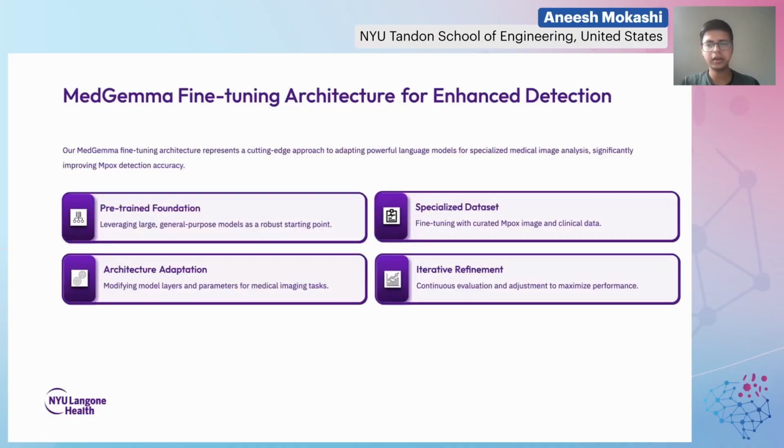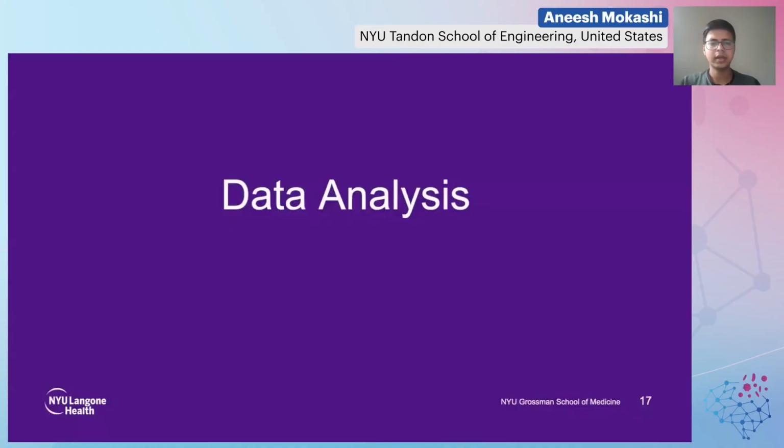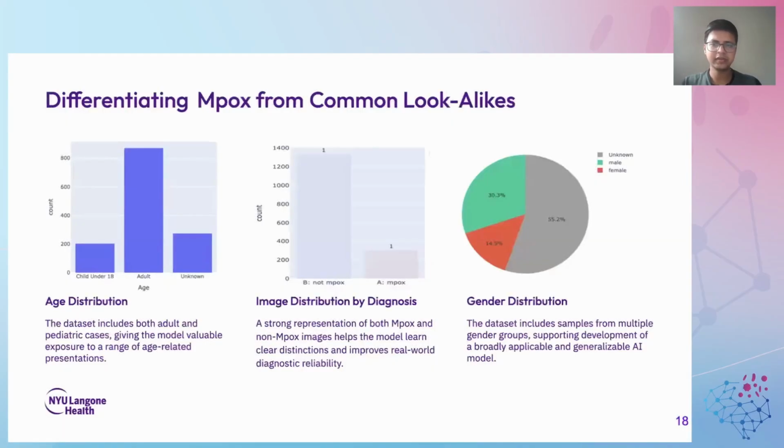And finally, iterative refinement allows us to train, evaluate, adjust, and repeat until we reach strong diagnostic performance. And to conclude, the combination of a secure pipeline and a carefully fine-tuned MedGemma model allows us to build a reliable AI-based mpox detection system. And yeah, now we move to data analysis.